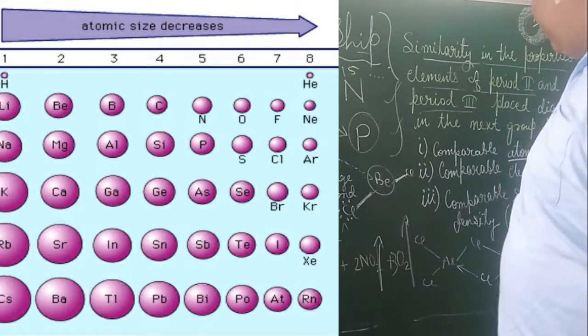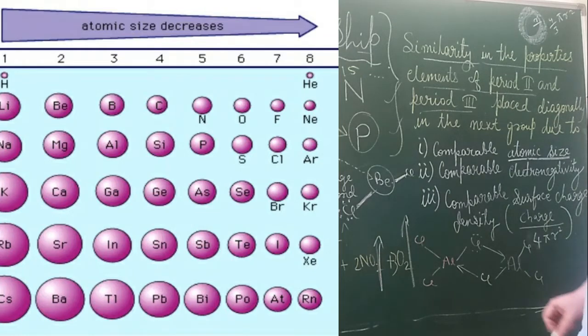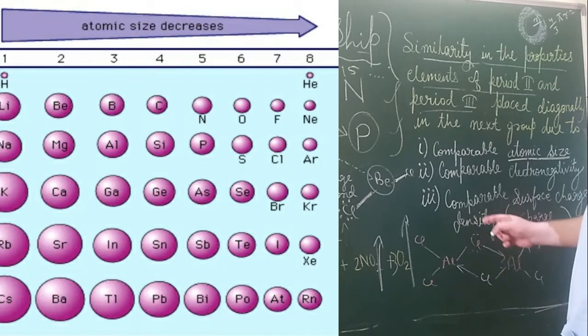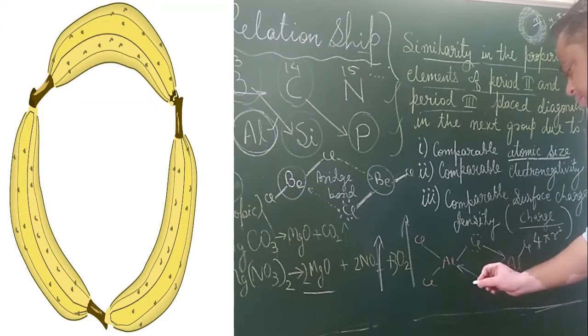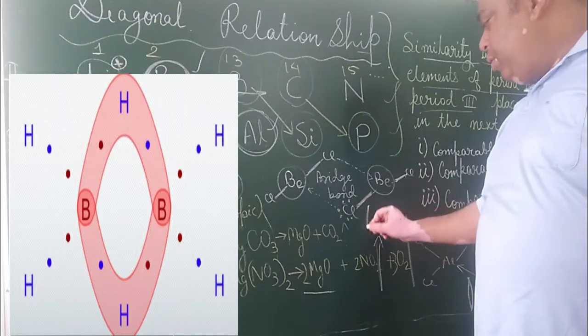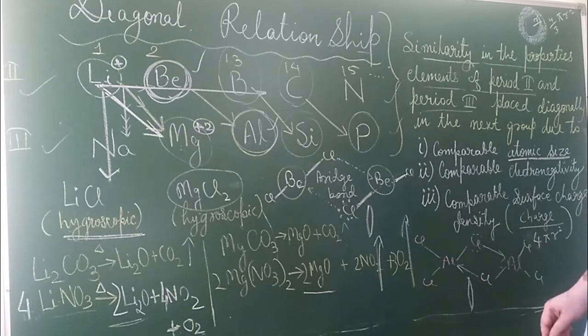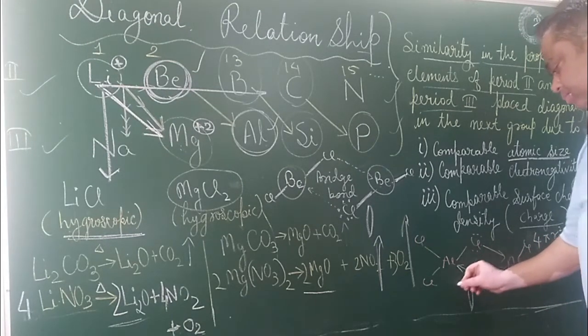A similar kind of bond is also found in aluminum chloride, wherein the electron pairs are partially donated to the aluminum atom, and as a result it forms a 3 electron and two center bond, a kind of bridge bond. It is also called a banana bond because the bond is assuming this kind of structure.